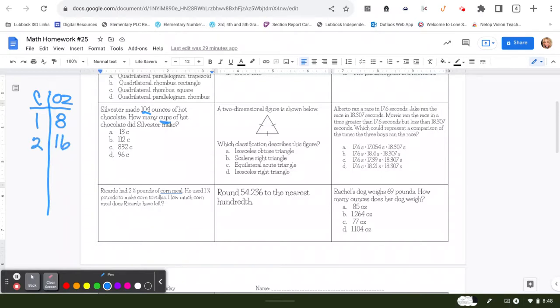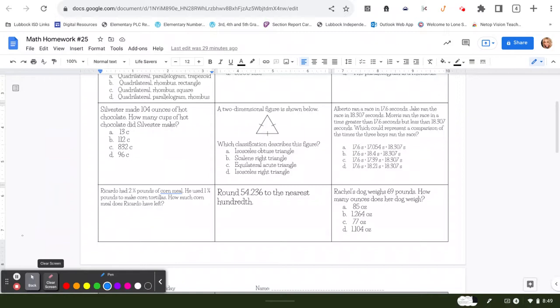Well, I need to know how many would go over here if I have 104 in the ounces column. To work backwards like that, we're going to need to divide 104 divided by 8, because that's how many ounces are in each cup. If you need further help with this problem, let me know.